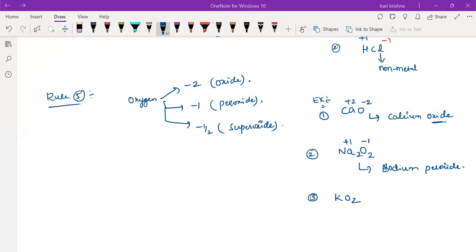Group 1, so it is a +1. Okay, what about O2? Minus half. Then what is the O2 form here? Superoxide. Potassium superoxide.